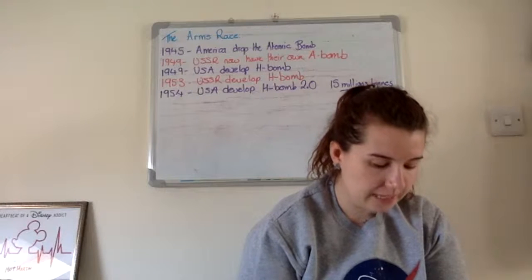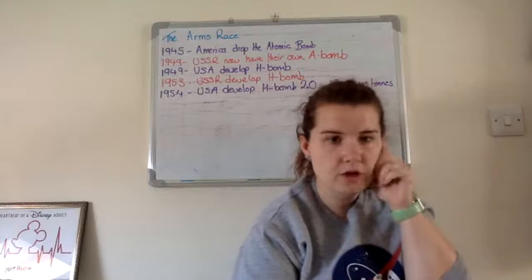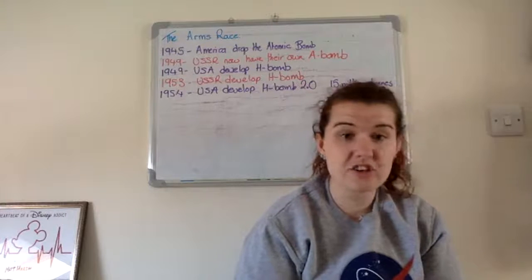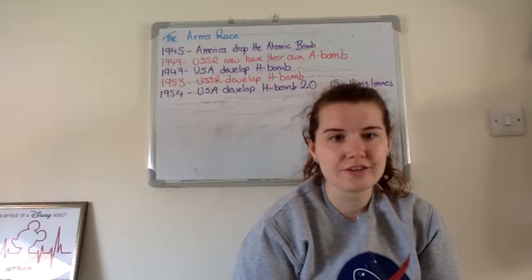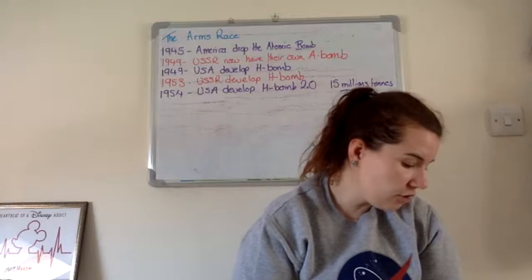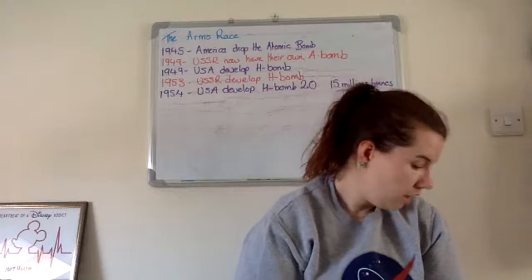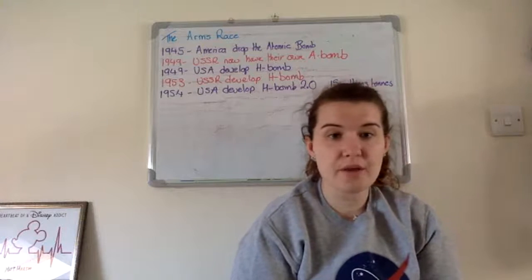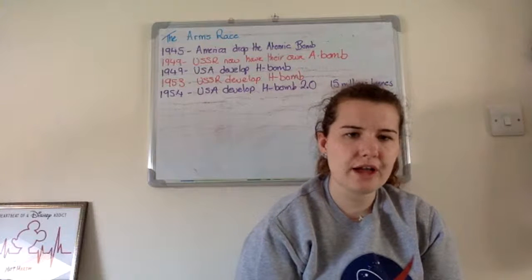MRBMs, so the medium or the IRBMs, the intermediate range missiles. America said 90. Really, that's okay. That's a round figure, but it's not like 100. The Soviet Union claimed 200. Similarly, long-range bombers, America said they had 600, and the Soviet Union had 190.